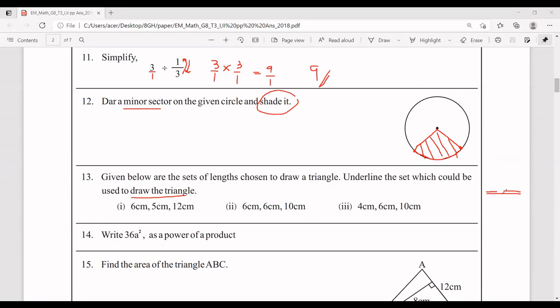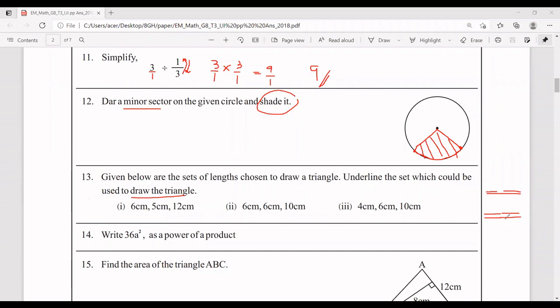If the sum of the 2 smaller lines is less than the bigger line, you can't make a triangle here. Now, when you take this one, both lines are the same length, but you can't cover the bigger line.